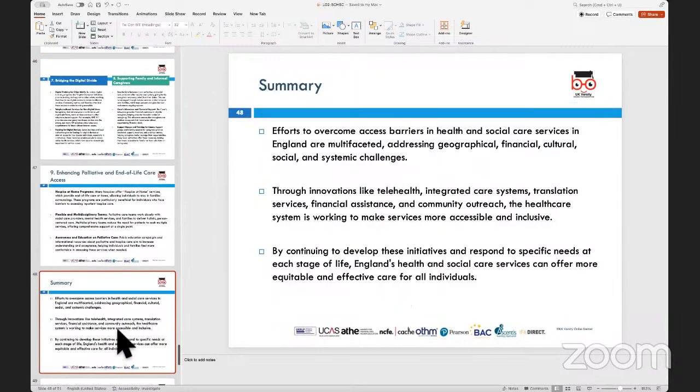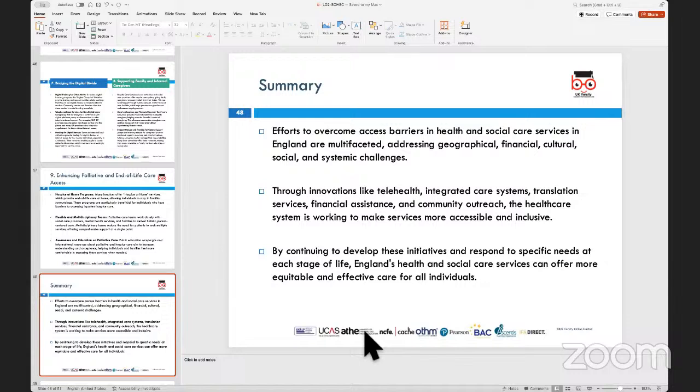So for this assessment criteria, what you have to look at is the barriers that we've discussed in the merit criteria, and discuss how we overcome them. Some of the concepts which are now globally accepted, telemedicine, telehealth, integrated care systems, and use of technology, are helping geographical barriers to be overcome and can be used as an example for this particular task.